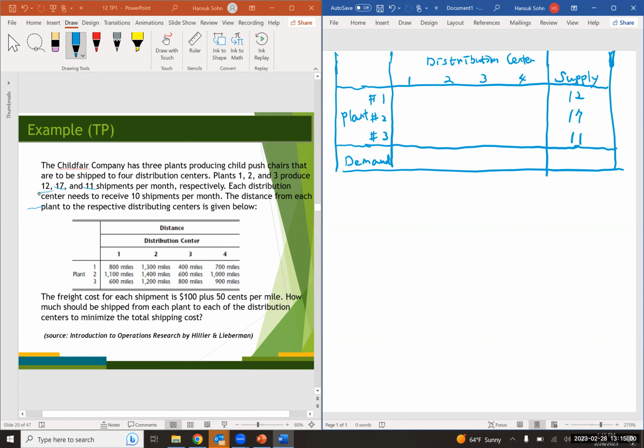It says 10 shipments, right? So we have 10, 10, 10, 10 down here. Now we need to determine the unit transportation cost from each source to destinations.